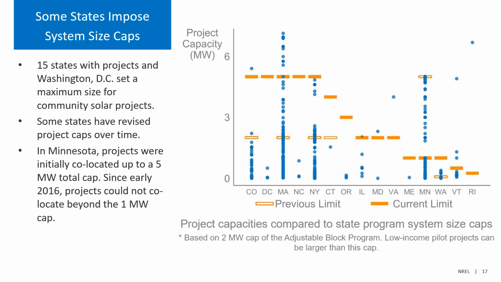And you'll see in the orange with the white in the middle that some states previously had lower limits and subsequently increased them. But essentially, you'll see that a lot of projects are working with those project capacities, and that does have an impact on the total available size of the market.